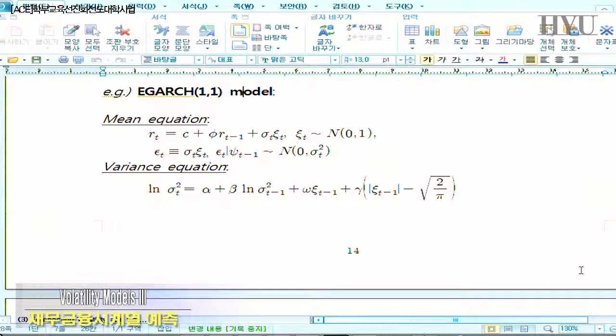So this absolute value could be big or small, right? But if it is greater than average, then it will affect more. If it is less than average, then the effect will be different. So size effect here and leverage effect here.